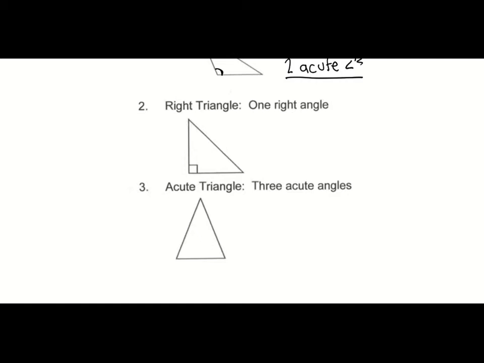Okay, and then our last triangle is called an acute triangle, and in this triangle, all three of our angles are acute. And remember, acute means less than 90 degrees.